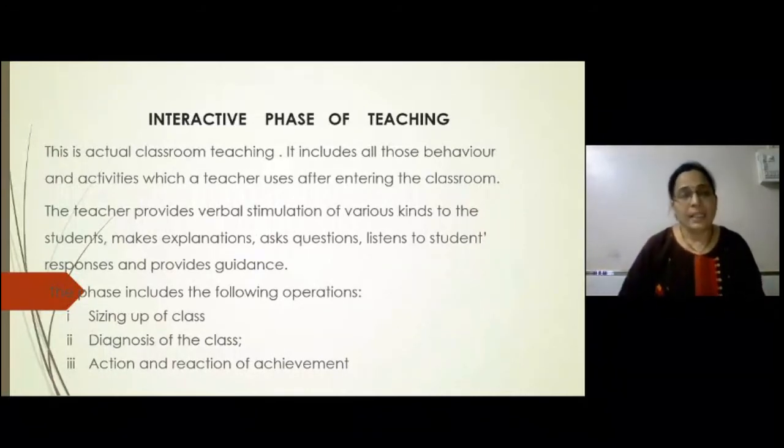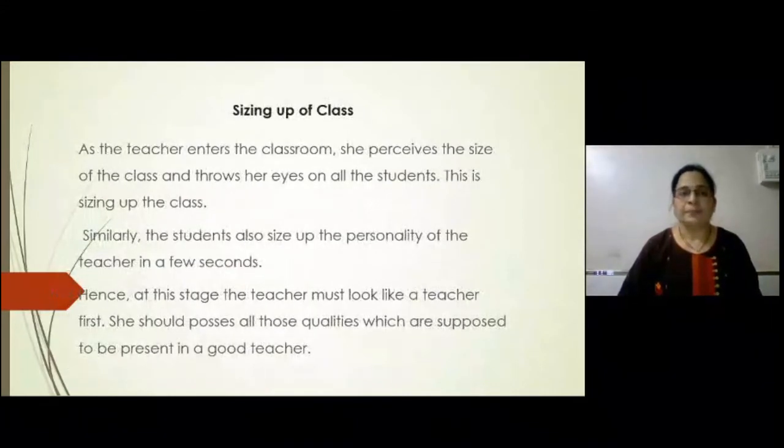Again, this interactive phase is subdivided into three phases: sizing of the class, diagnosis of the class, action and reaction of achievement. Now we see first sizing of class. As the teacher enters the classroom, she peruses the size of the class and throws her eyes on all students.